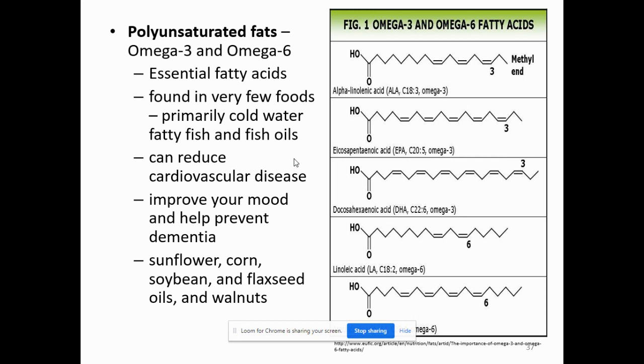You also have polyunsaturated fats, essential fatty acids, which can be found in fish. That's why it's recommended to have some fish in your diet for these omega-3 and omega-6 fatty acids. You can also find them in some other products, but again, they have a health benefit and can reduce cardiovascular disease.